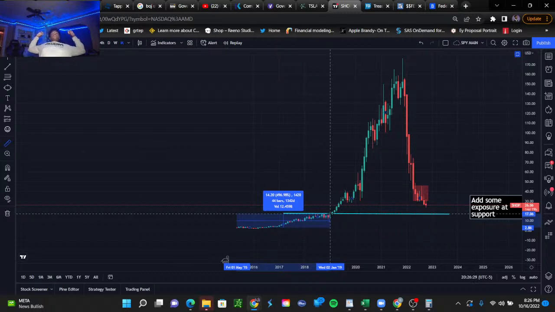I guarantee you, the only thing that can get Shopify back up to its 170 area is one scenario: a buyer comes in and takes it private, and by that time you won't even get 170 a share. If you're a current shareholder, you get a little bit less. Or the company is so profitable they start paying off debt and buy back shares at a high rate.